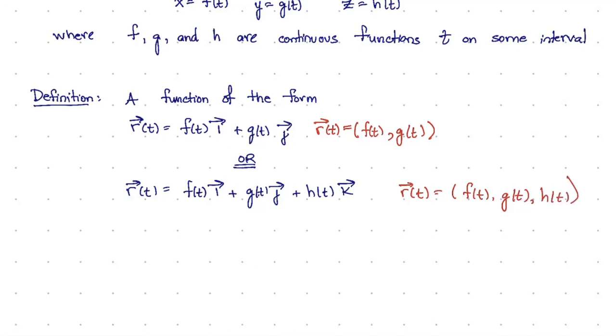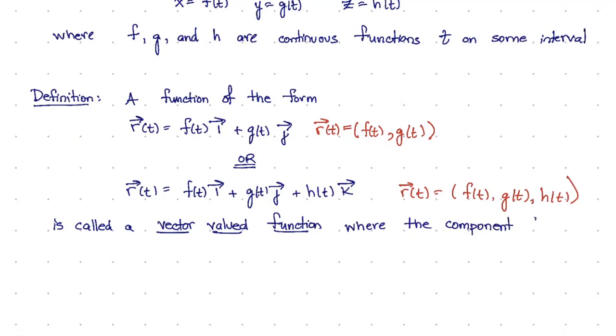And these would be describing vectors, and so these are what we would call a vector-valued function, where the component functions f, g, and h are real valued functions.